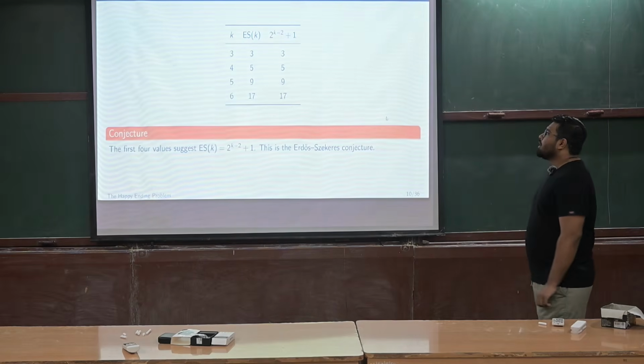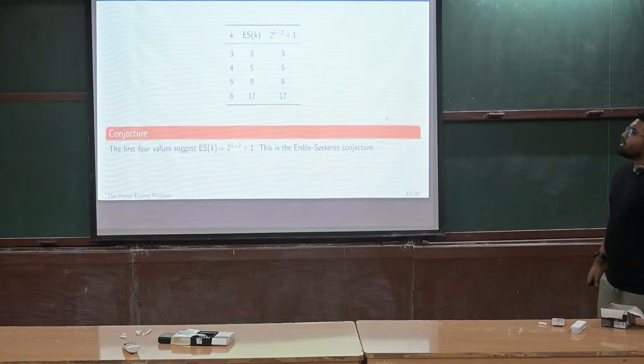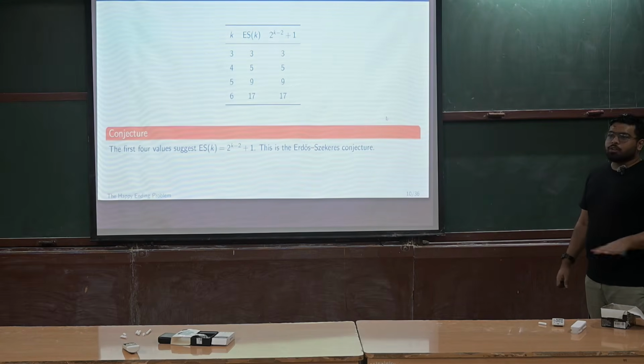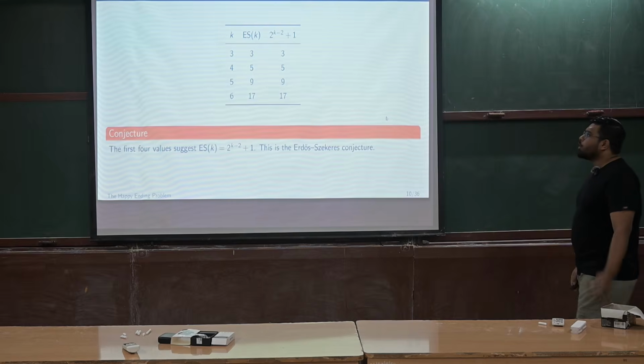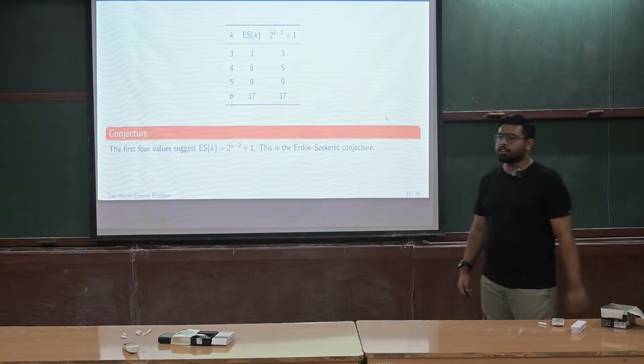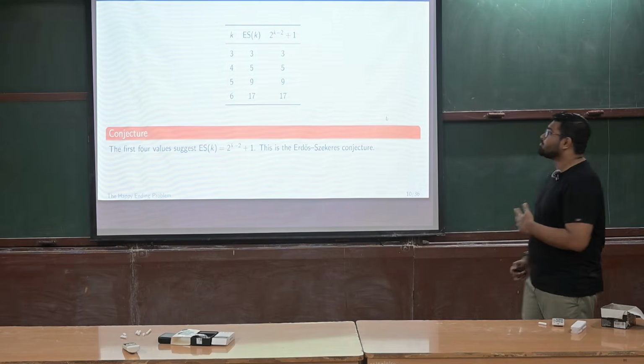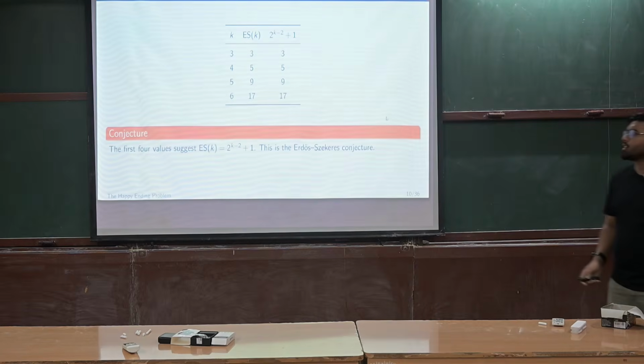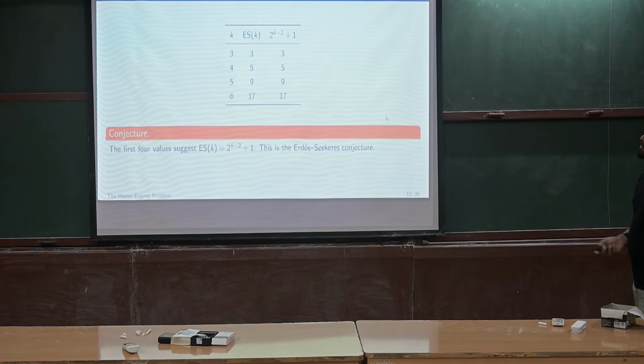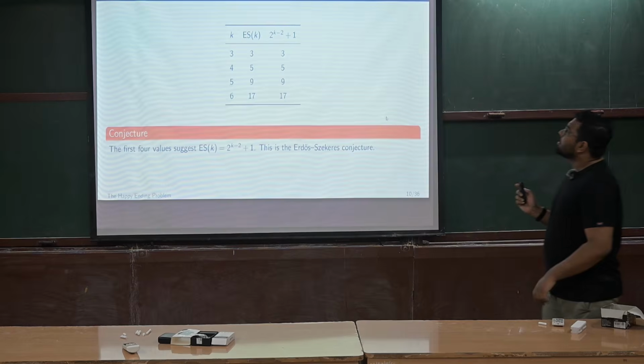The interesting part is that from k equals 7 onwards, you know nothing of what the value will be. You know upper bounds, you know lower bounds, but no exact formula or exact number. Even the case of k equals 6 was a computer-generated proof and was not possible for humans to do by hand. Moving on.